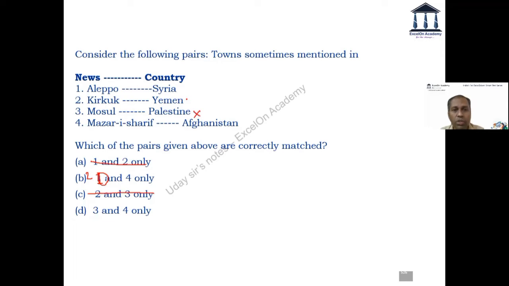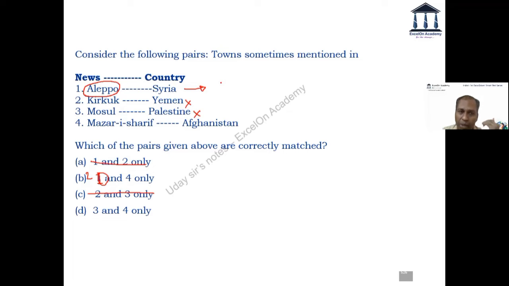Okay, Kirkuk is also another province in Iraq. Even if you didn't know Aleppo, if you have casually glanced at the newspaper, Aleppo was coming in a big way in the newspaper. There was this Aleppo bombing, a proxy war between the Russian-backed forces, which were backing their president Assad, and the rebels which are backed by the United States.